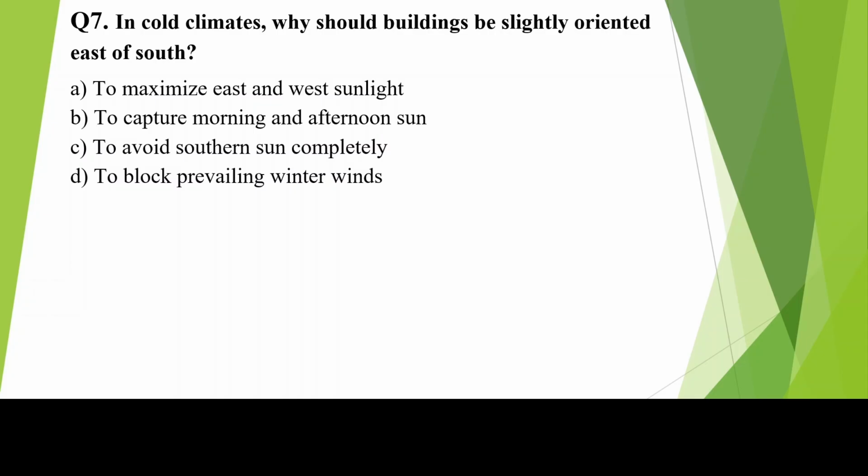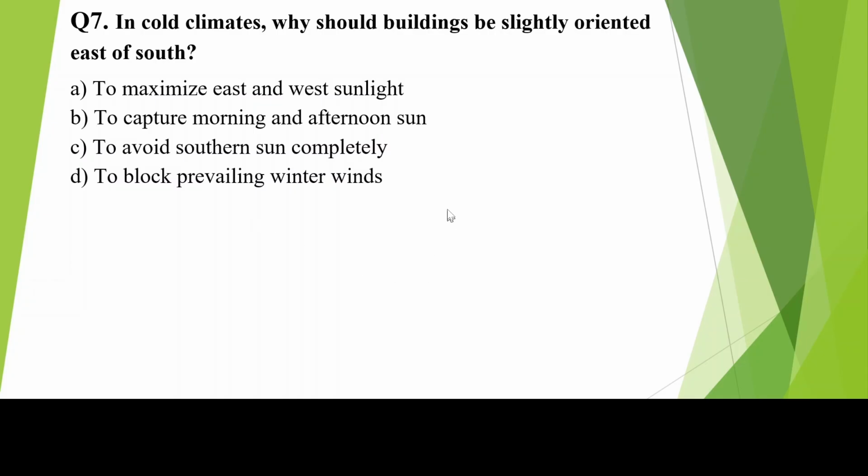In cold climates, why should buildings be slightly oriented east of south? So you try to answer this question as well, like we have given the answers to the previous questions correctly. Now it is talking about the cold climate conditions. Previously we discussed the composite climate conditions. You might have observed that in cold climate conditions, the buildings are slightly oriented east of south.